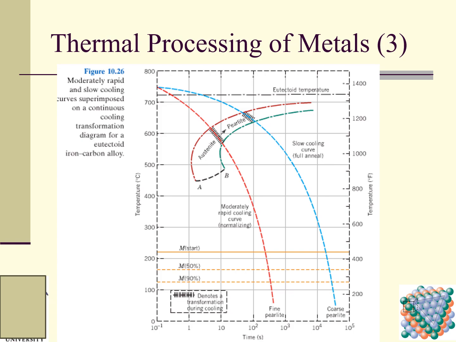And this is M, martensite. This is M start, 50%, 90%. This denotes a transformation during cooling. So during cooling, you can see a transformation from austenite to pearlite, either coarse pearlite or fine pearlite. Any questions regarding this slide?